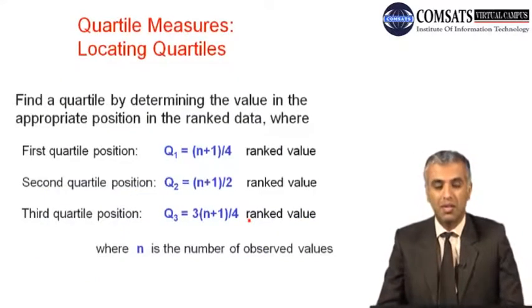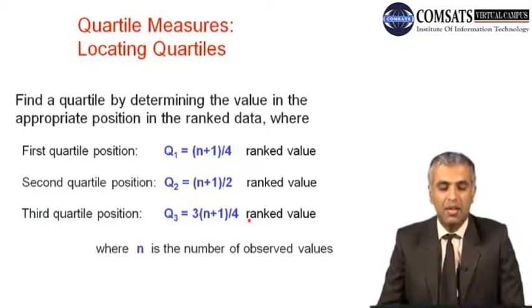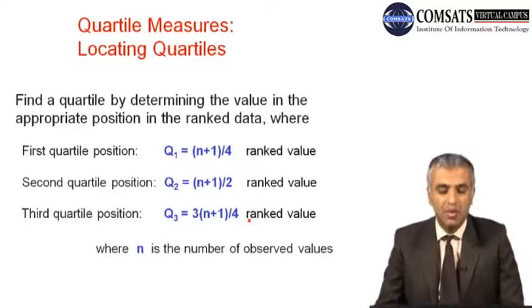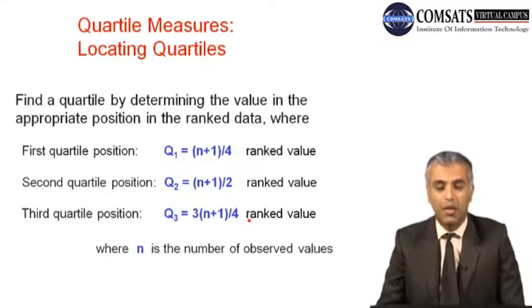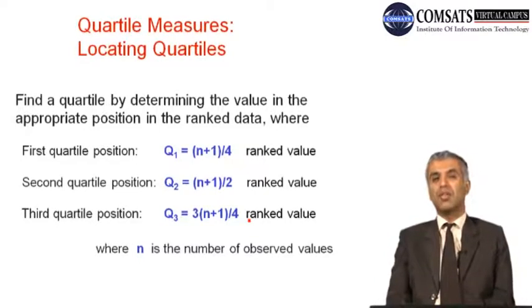Once we have represented the quartiles, the question is how to calculate them, and here the calculation can easily be done through a formula. For the first quartile, Q1 is equal to (n plus 1) divided by 4. Likewise, for the central quartile it is (n plus 1) divided by 2.